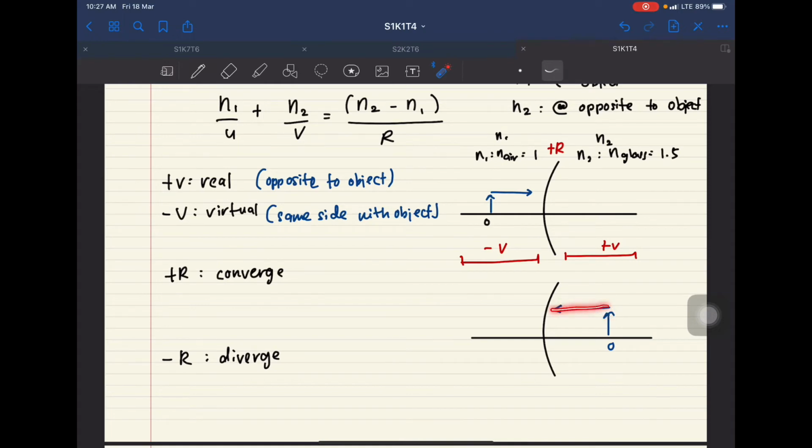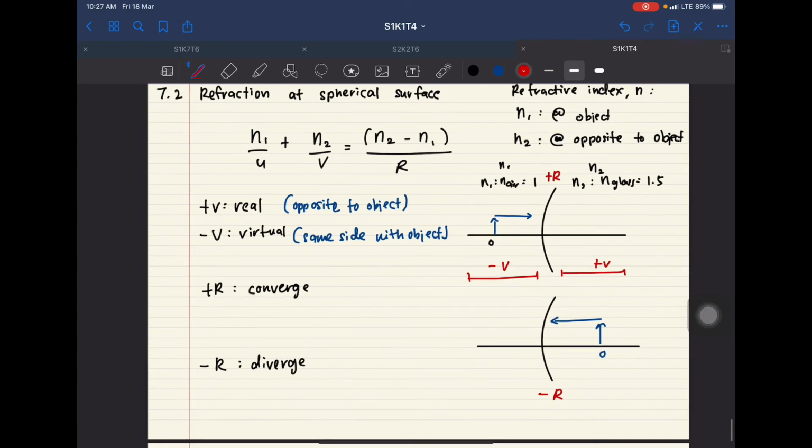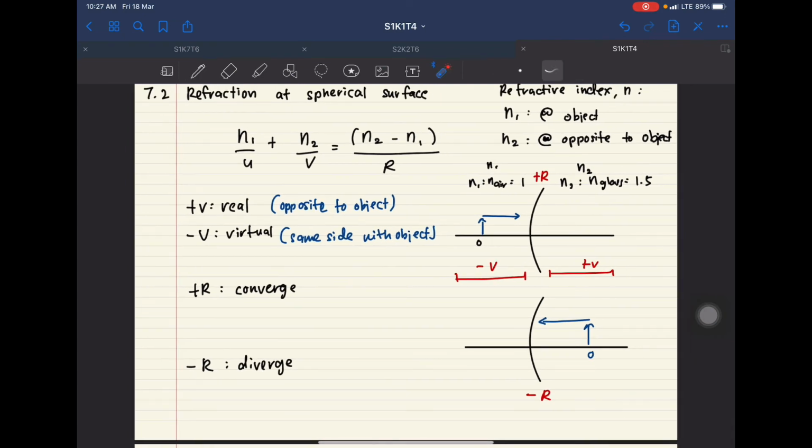If you look from this direction, from this point of view, you can see that this one is a concave lens. So it behaves like a concave lens, where the lights will diverge. Because of that, R would be negative R. Okay. So all these values you just have to substitute back inside this equation.